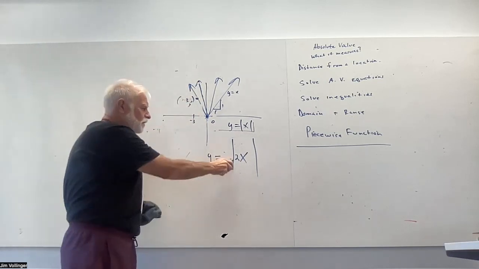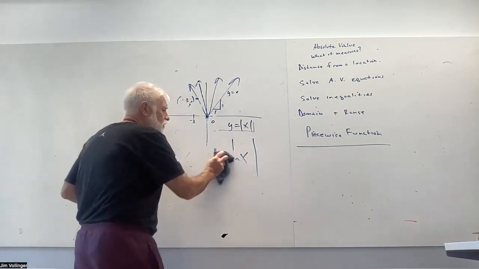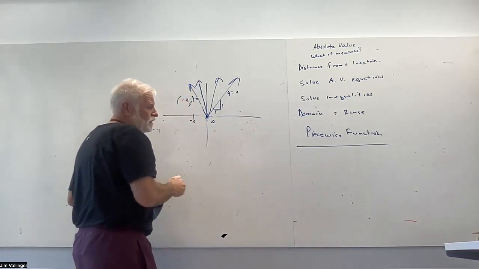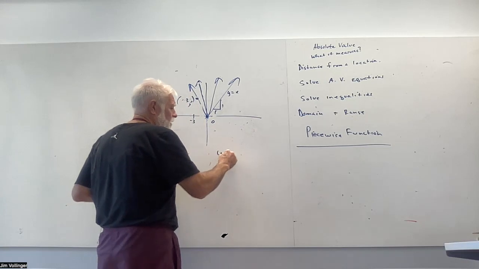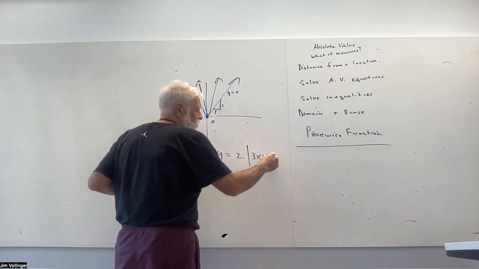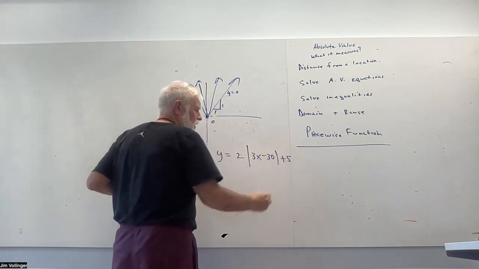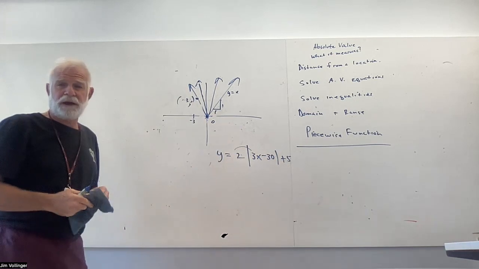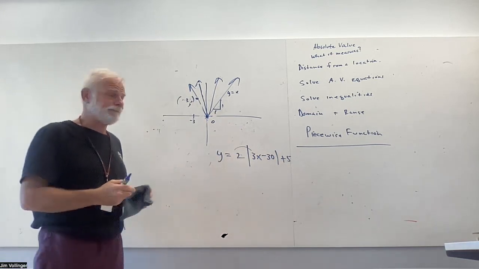All right, so the multiplier can be either in front or inside the absolute value, which means that if you had something like y equals 2 times the absolute value of 3x minus 30, plus 5, this is really going up at 6 to 1 on one side and minus 6 to 1 on the other.